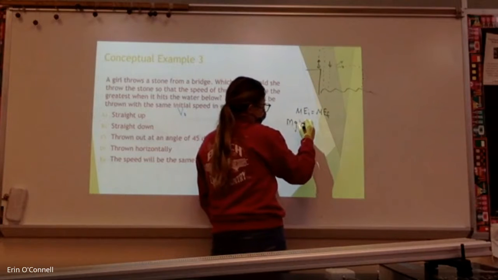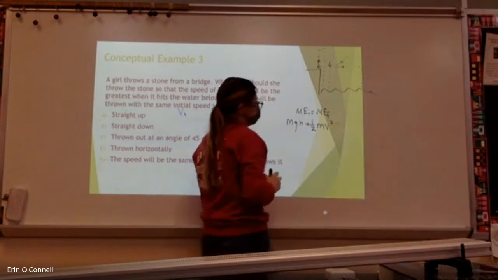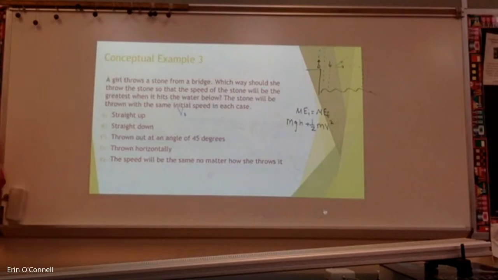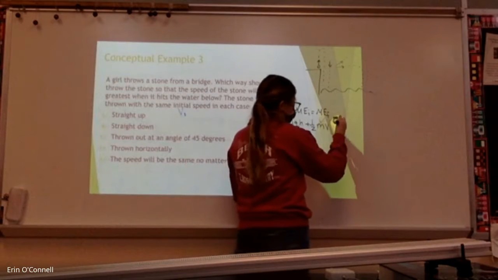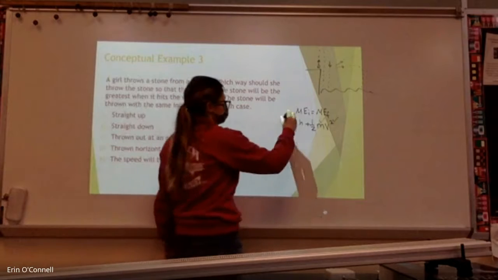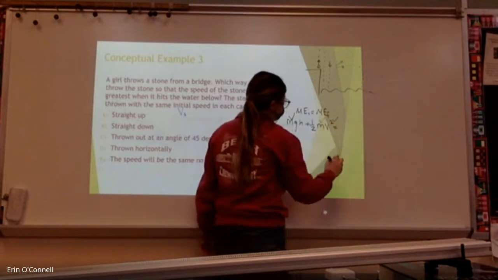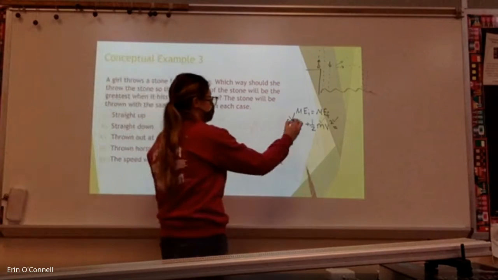You have mgh and 1/2 mv squared. We know the mass of the object is the same. The velocity of the object is the same. So the only thing over here that we need to look at or check back to would be the height, the initial height of the object.